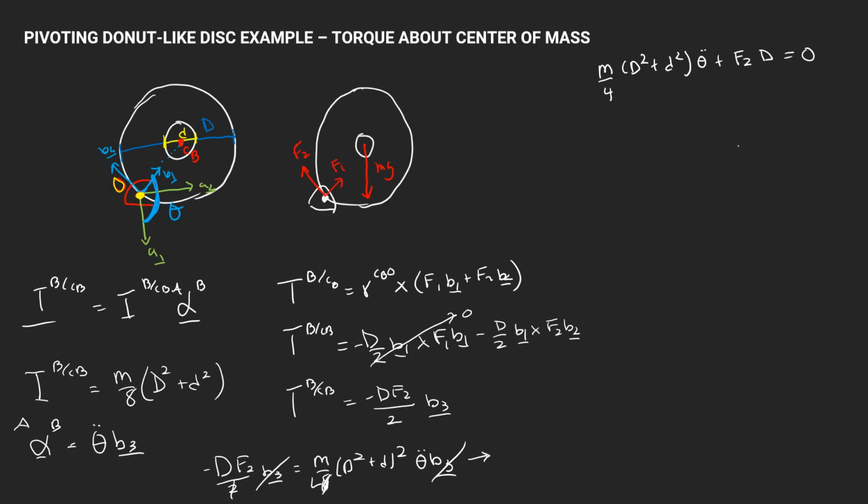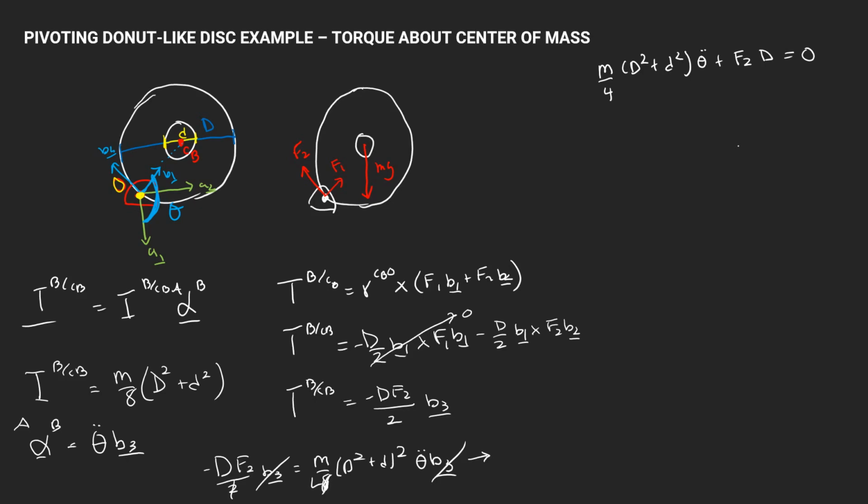So it turns out if we're going to use this method, we actually have to go ahead and use the force, linear momentum method to get an equation for F2 so that we can get rid of it. But that's okay, because I will show you how to use the force, linear momentum method here.